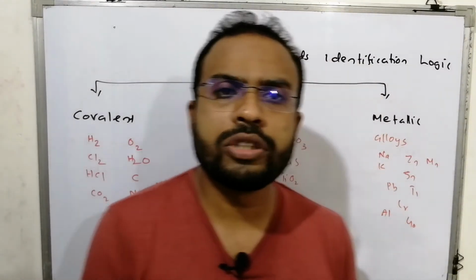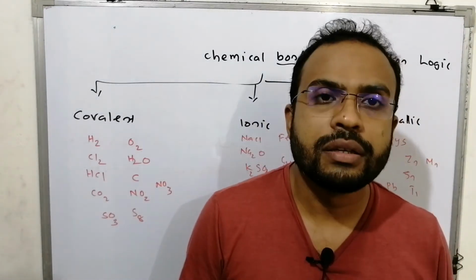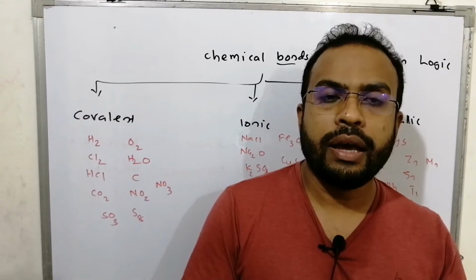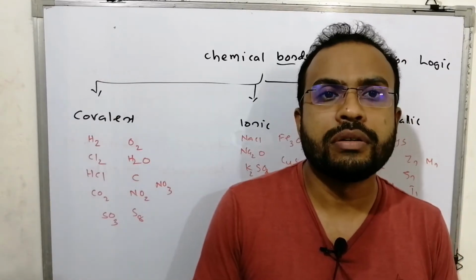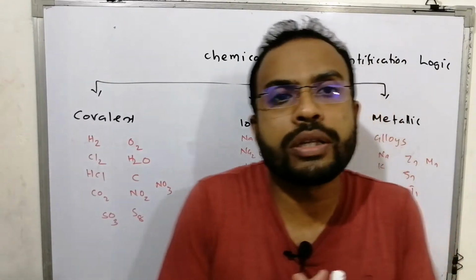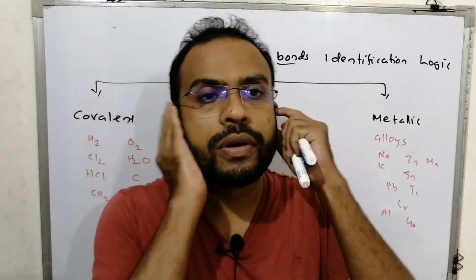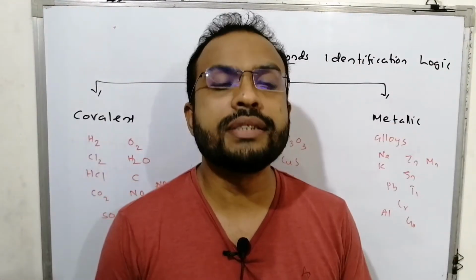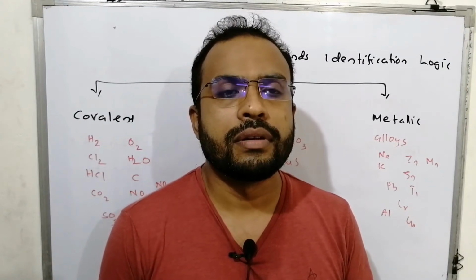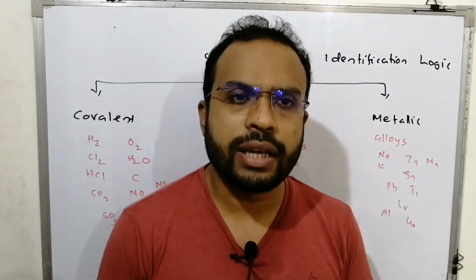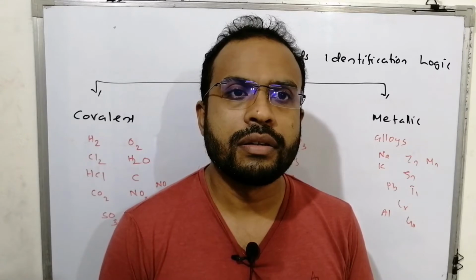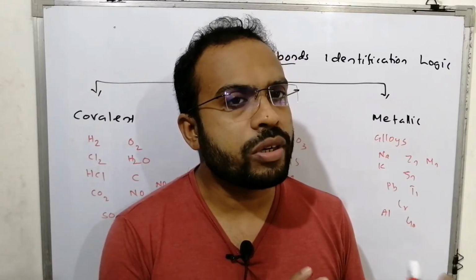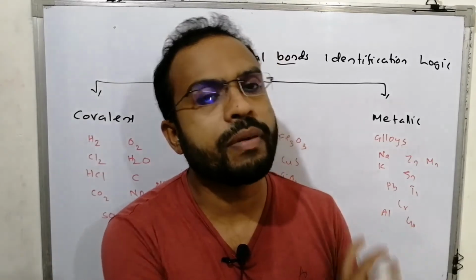Students, the gold ornament you wear, silver ornament you wear, an iron bridge where iron atoms are joined together by a metallic bond. A copper utensil, a platinum ring, where platinum atoms are joined together by metallic bonds.